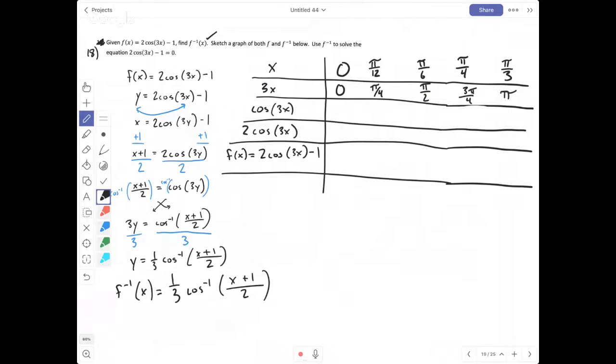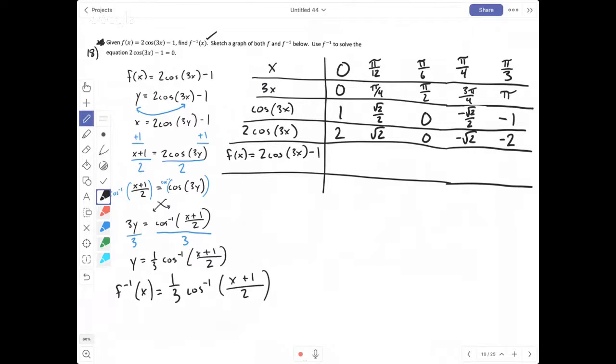And the cosine of 0 is 1. And the cosine of pi over 4 is root 2 over 2. And the cosine of pi over 2 is 0. And the cosine of 3 pi over 4 is negative root 2 over 2. And the cosine of pi is negative 1. And 2 times that makes 2, and root 2, and 0, and negative root 2, and negative 2.